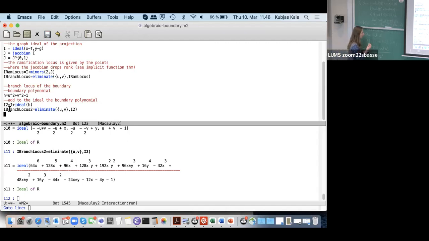if you consider the Jacobian, and if the Jacobian has maximal rank, then in some neighborhood you can write X and Y uniquely in terms of U and V. So I think this is how it goes. And the ramification locus is where the Jacobian drops rank, so this won't be true anymore.